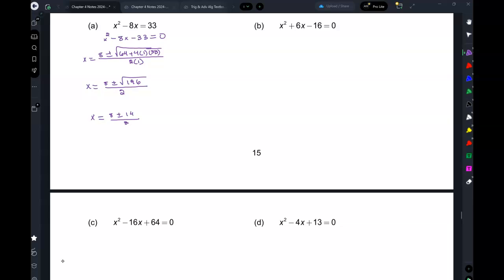And so now look, with this, the 8, the 14, and the 2 can all be divided by 2. So this is going to be what? 4 plus or minus 7. So x is 4 plus 7, 11. 4 minus 7, negative 3. All right?